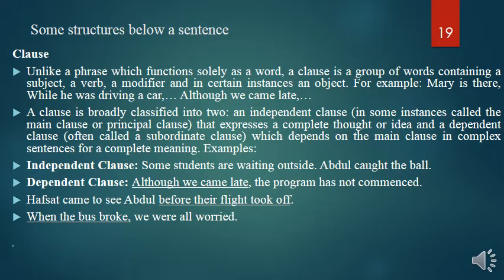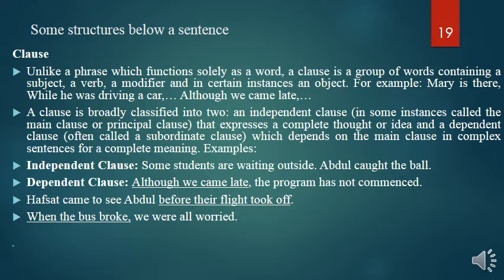A clause is broadly classified into two, that is an independent clause and a dependent clause. An independent clause is a clause that stands on its own without depending on another clause, while a dependent clause is a clause that depends on the independent clause.